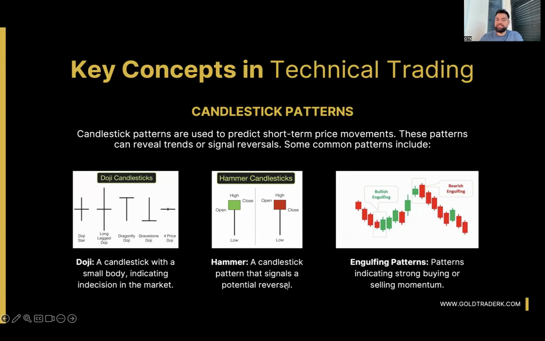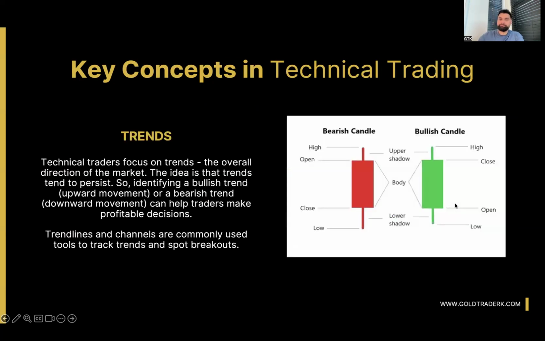It is a candlestick pattern that signifies a potential reversal. These ones usually show you what the reversals are going to be like. This shows the indecision, and then this one is an engulfing pattern. This indicates strong buying or selling momentum. If you see this, you can see a bullish engulfing. If you see that, then it's a bearish engulfing.